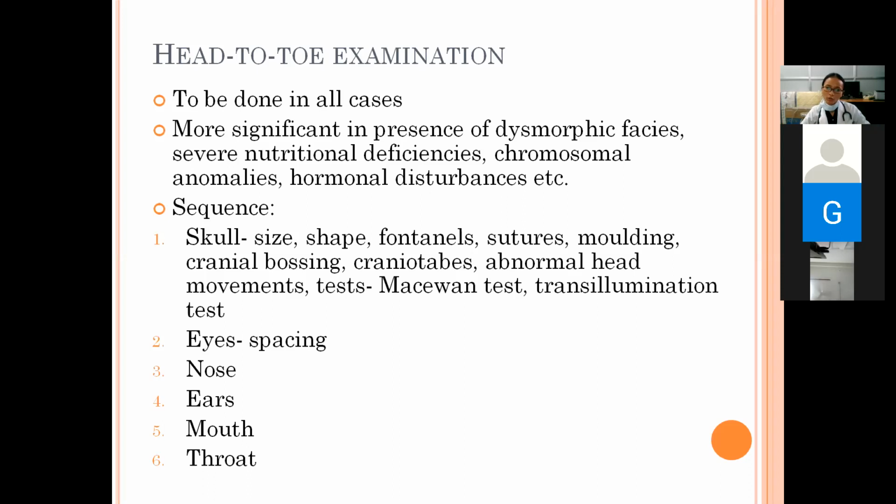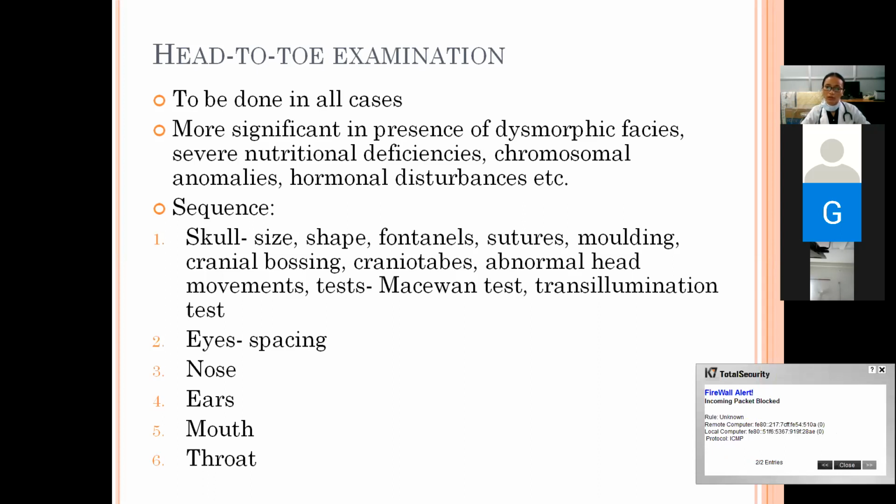Normal trans-illumination should be present only up to 2 to 2.5 centimeters beyond the site of placement of the torch. If it is beyond that, that is a positive trans-illumination test. It can be positive in cases of hydrocephalus, where there is excessive fluid accumulation inside the cranium.